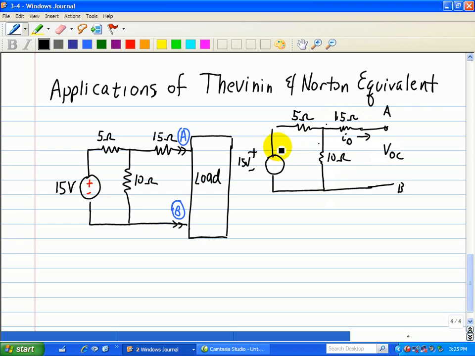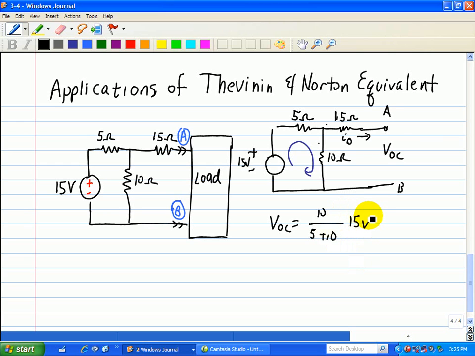So basically what in essence we have is this voltage divider circuit. So if we do that, we see that VOC is equal to the 10 ohm over the 5 plus 10 multiplied by the 15 volt source.